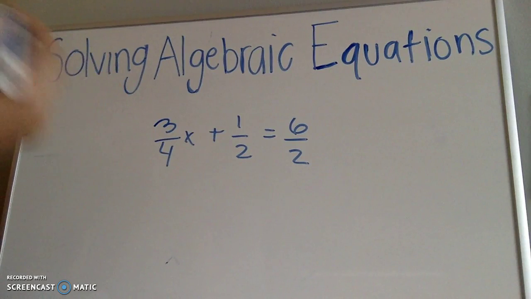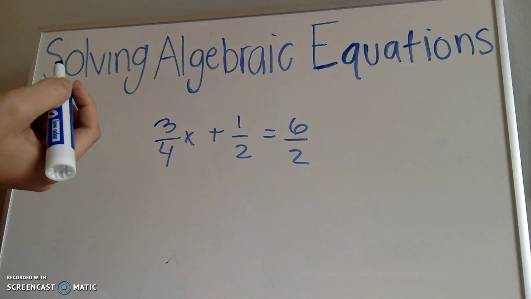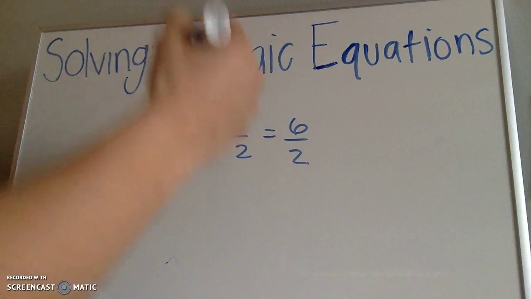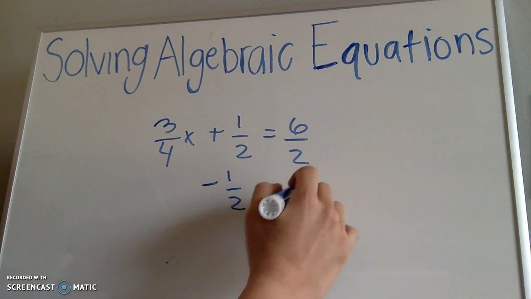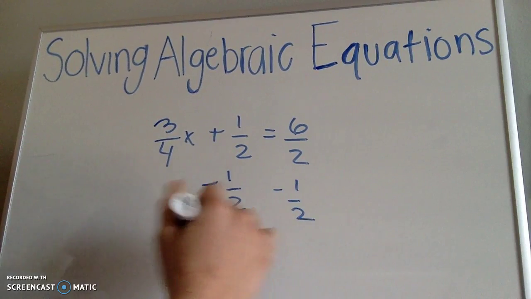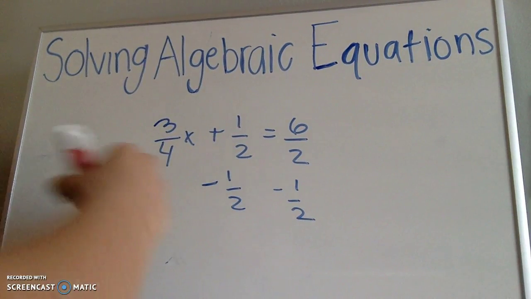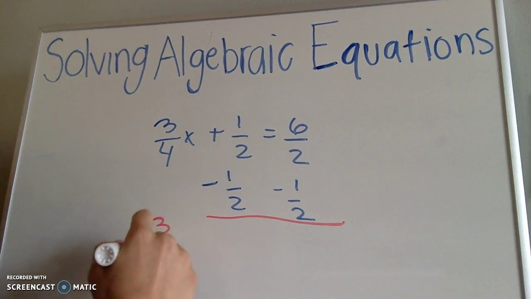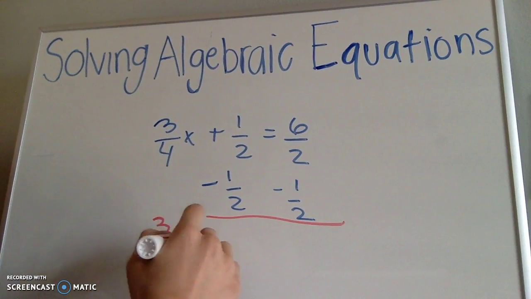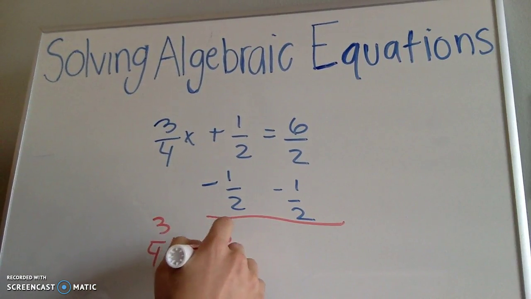So to do this, we must get the x alone. So subtract 1/2 from both sides. And this is going to equal 3/4 x equals 5/2.